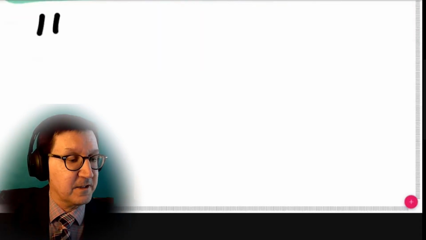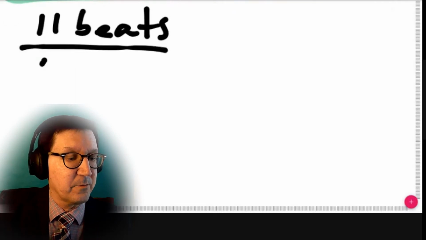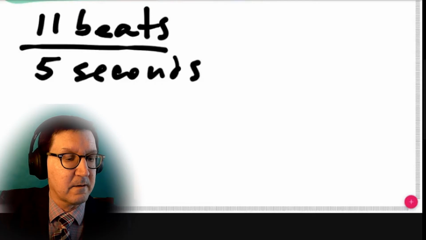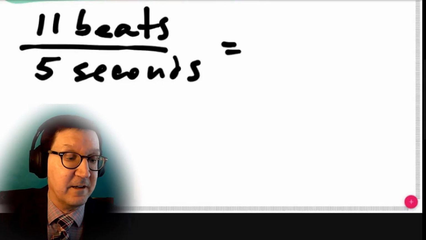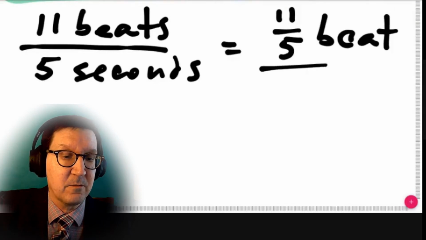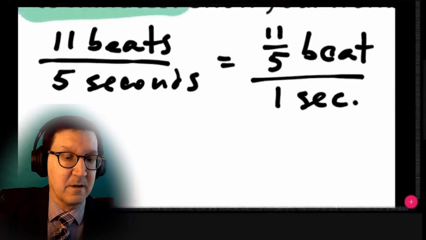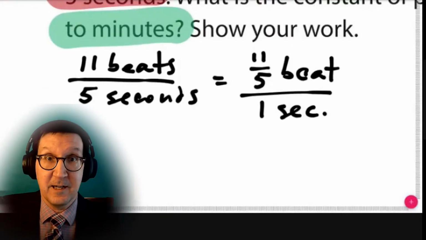If there's 11 beats per 5 seconds, that means there is 11 fifths of a beat per 1 second. So we have a constant of proportionality of 11 fifths.